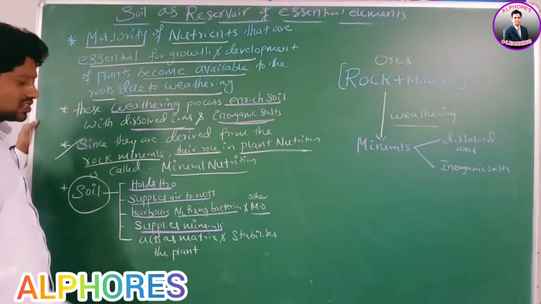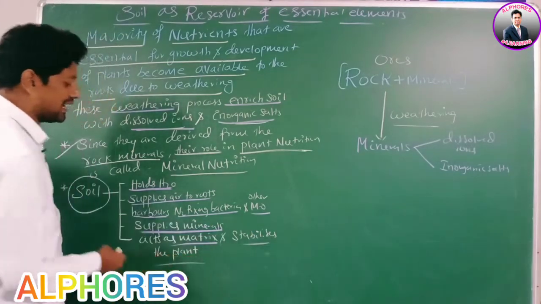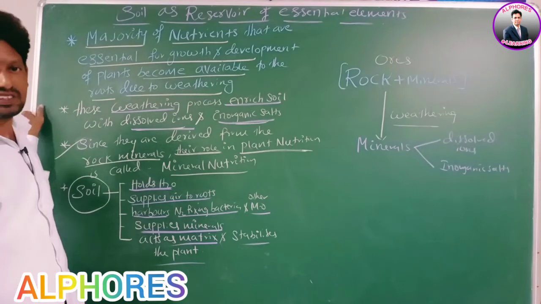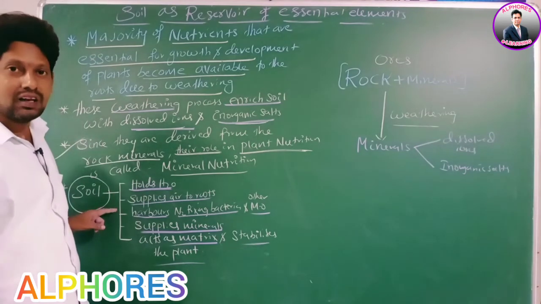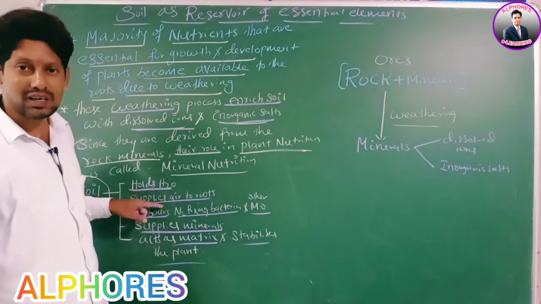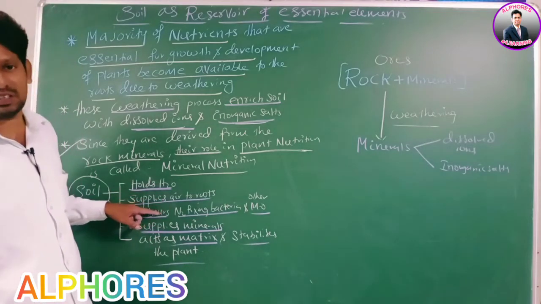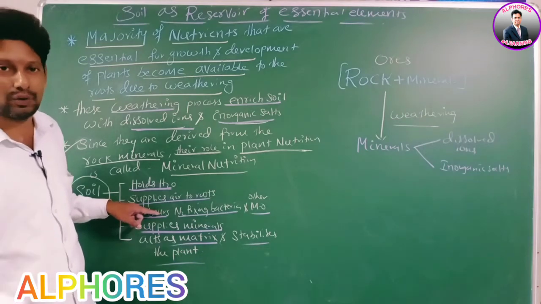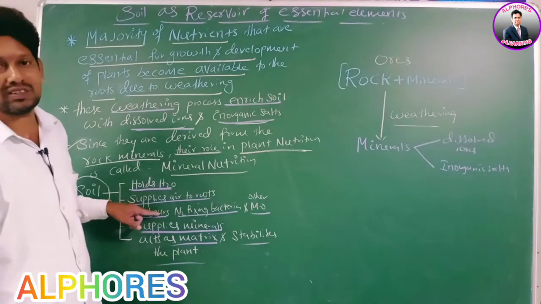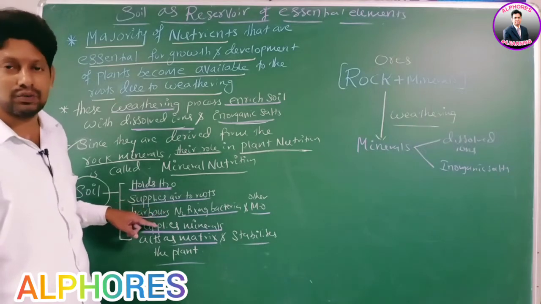This soil acts as a matrix and stabilizes the plants. Therefore, soil not only provides minerals, it holds water required for the plant, capillary water, which is absorbed by the plant roots.